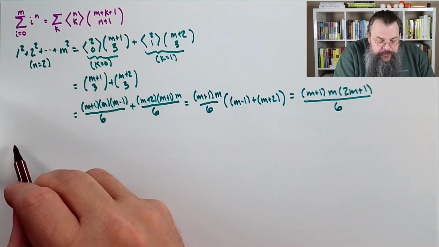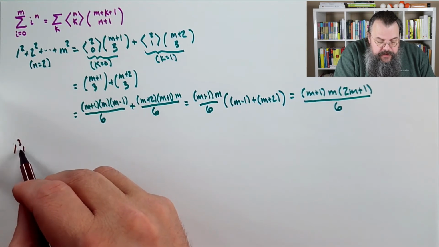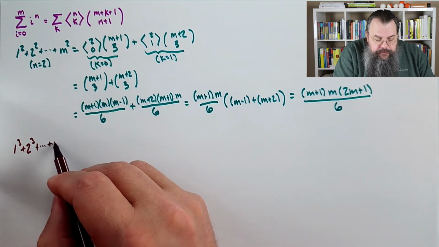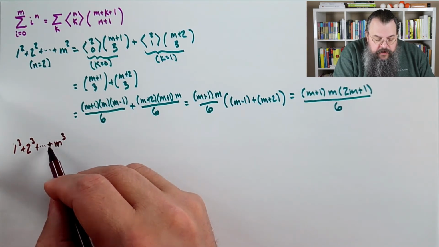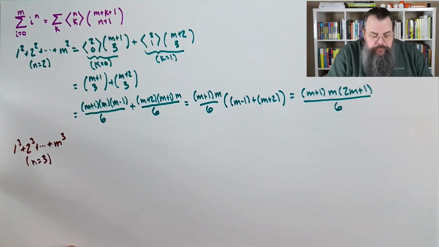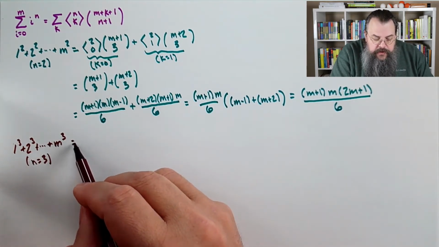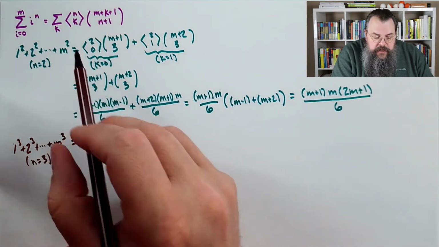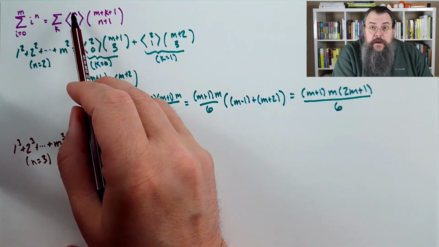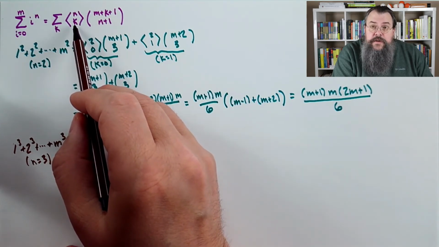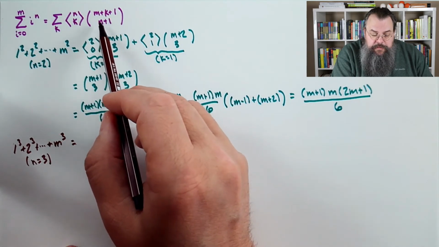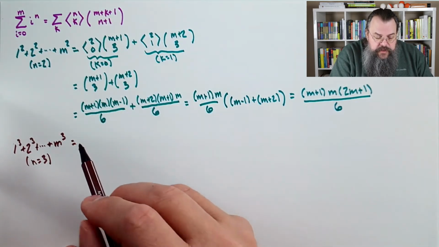Okay, so what do we have? 1 cubed plus 2 cubed all the way out to m cubed. All right, now this would be n equals 3. According to the formula, we come over here, and now we have n equals 3, so there's going to be a 3 upstairs. Then downstairs, it can be either 0, 1, or 2. And then this is going to be a 3 plus 1, which makes it a 4. So let's see, what do we have?